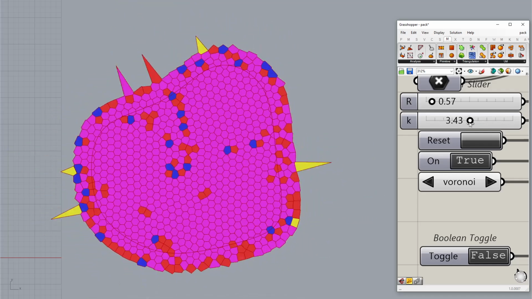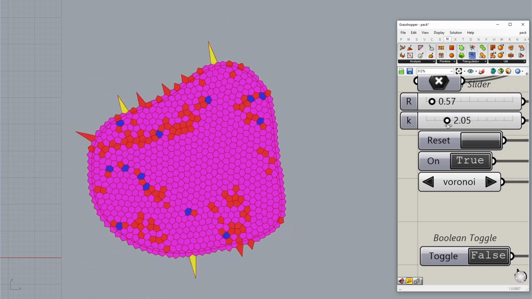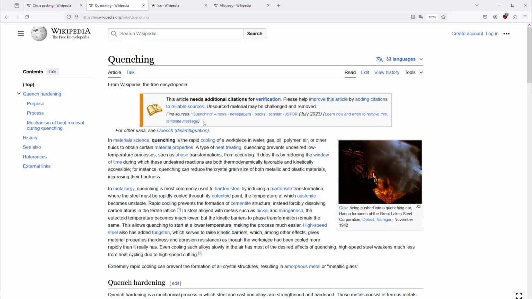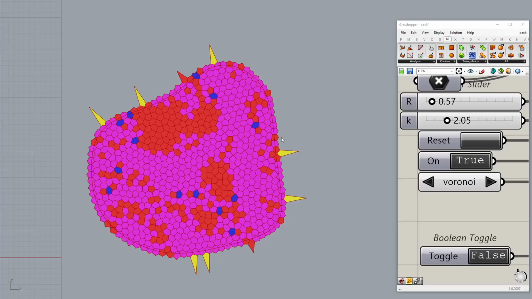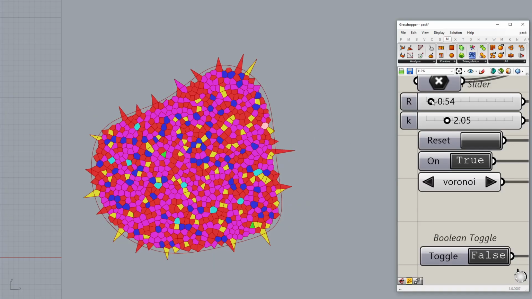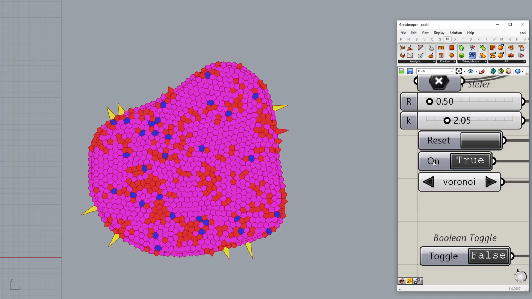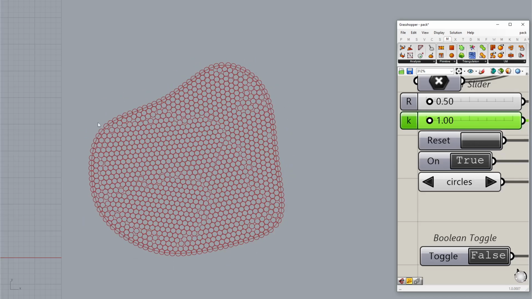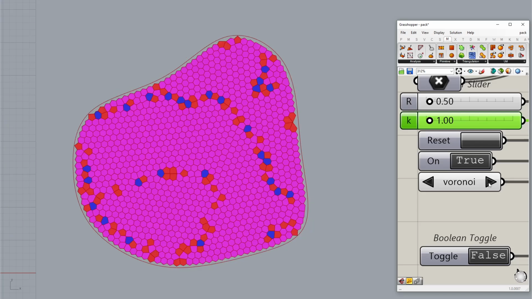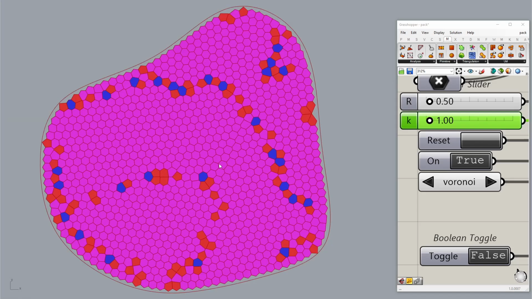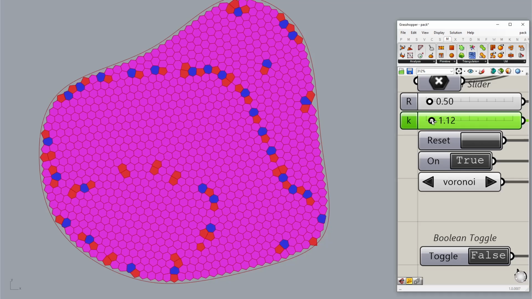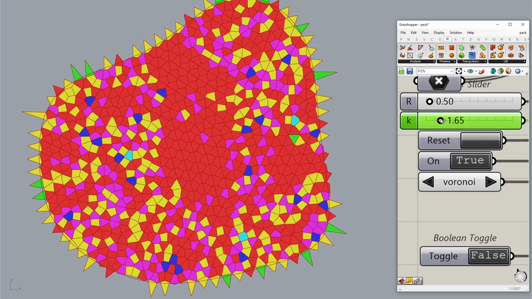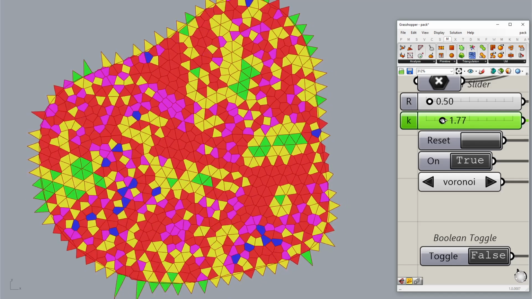Now, the interesting thing is that we maybe can replicate some kind of quenching. For example, if we have enough elements and start from zero pressure, normal circle packing, and gradually increase the pressure going to 1.7, we have some triangles here.